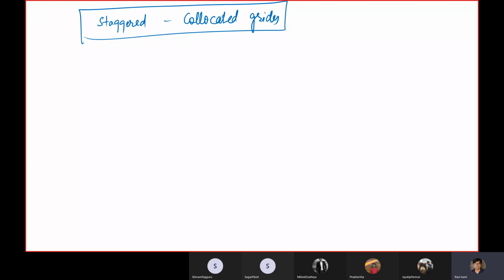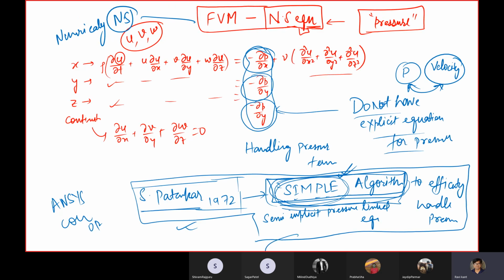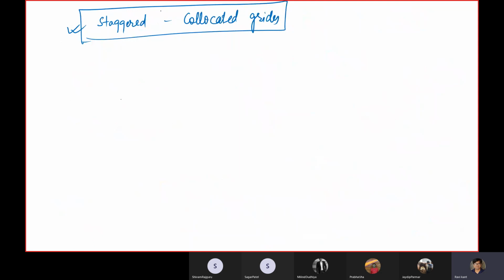These two things are inherited, or implicit, in your SIMPLE algorithm. That is why we need to first understand what staggered and collocated grids are and what the advantage of staggering grids is. We first need to understand something called the checkerboard problem.